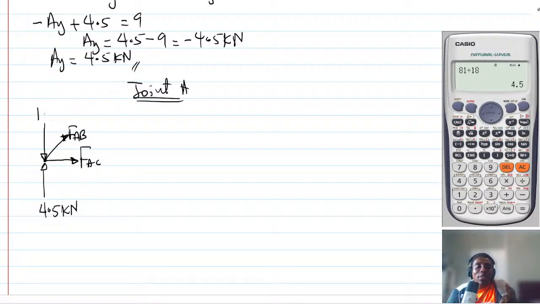We have 1 kilonewton, 4.5. So you see what has happened. This has been reduced to finding the force equilibrium of a particle. Now think about it like there's an angle here. So this is actually equilibrium of a particle.